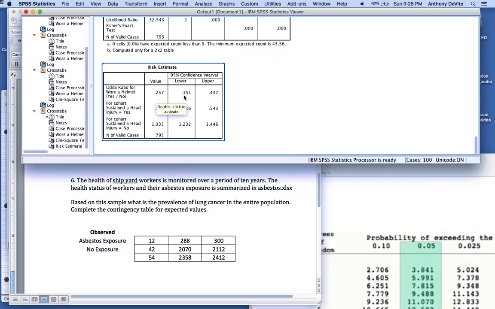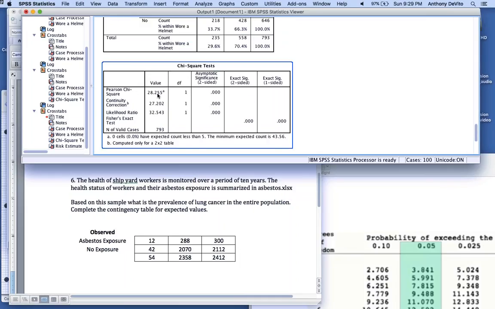So we can see that the confidence interval, in other words, for the entire population of all bicycle riders and helmets, tells us that the true overall odds ratio for the entire population, we're 95% sure it's between 0.15 and 0.437. So that means that we're also sure that it's not one. In fact, that it's less than one. So indeed, it's protective. And also with the relative risk, we can see one is excluded from the confidence interval also. So that's more evidence that we can reject the null hypothesis.